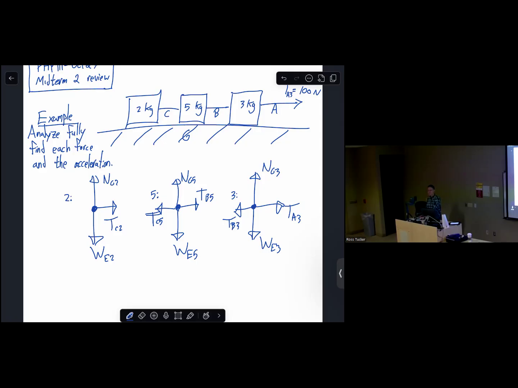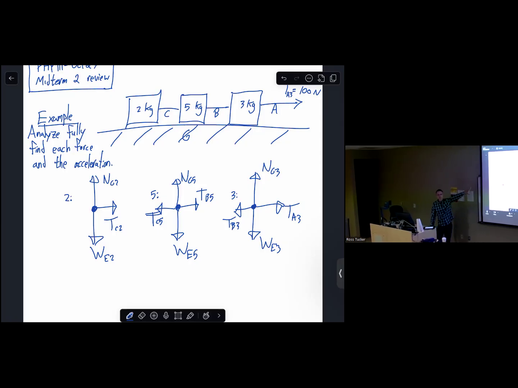Again, you must use the names provided. These are no longer object names. These are no longer single letters. I want it written in terms of the force letters that we've provided.